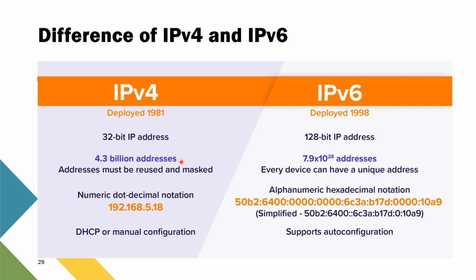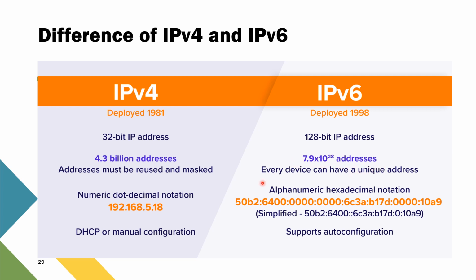In terms of addresses, IPv4 uses a 32-bit IP address, while IPv6 uses a 128-bit IP address. If we calculate, IPv4 is capable of generating 4.3 billion addresses, while IPv6 is capable of providing 7.9 times 10 to the power of 28 addresses.